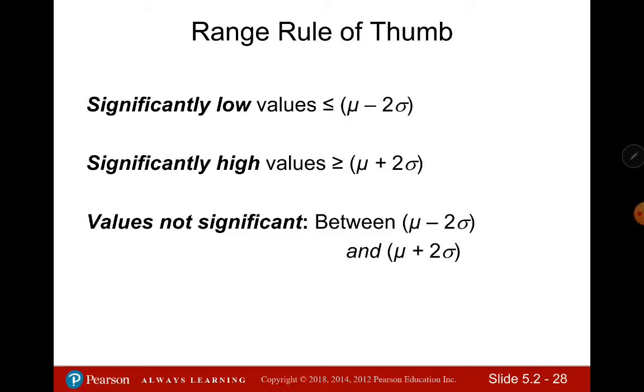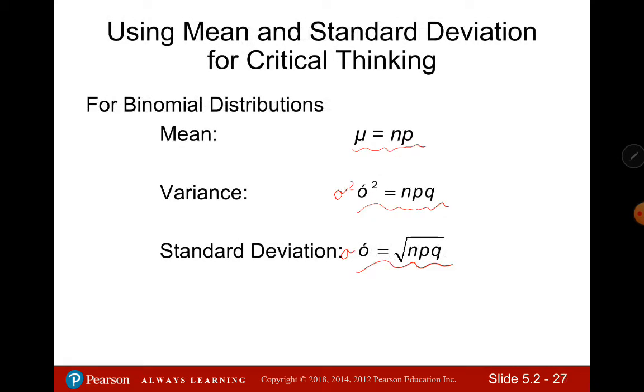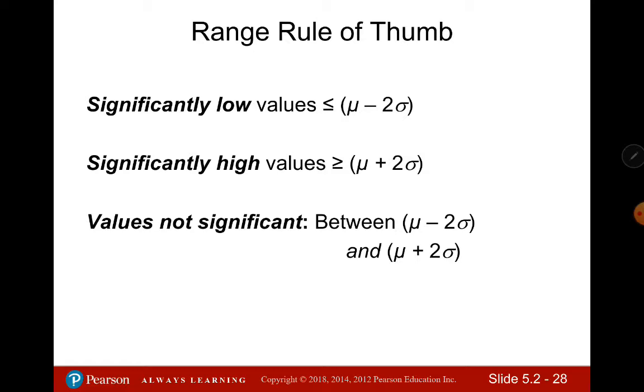If we use the distribution to find these parameters, mu and sigma, of course, we can use the range rule to determine the value too. Remember, if a value is less than or equal to mu minus 2 sigma, which means 2 standard deviations below the mean, we say that value is significantly low.